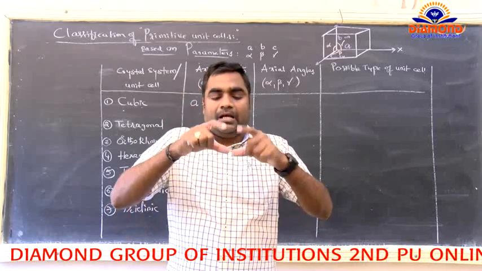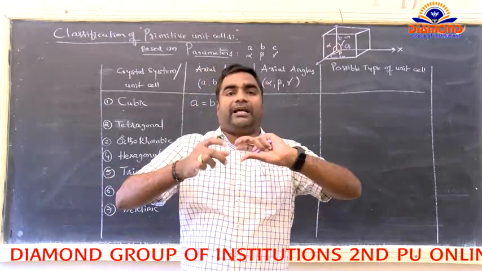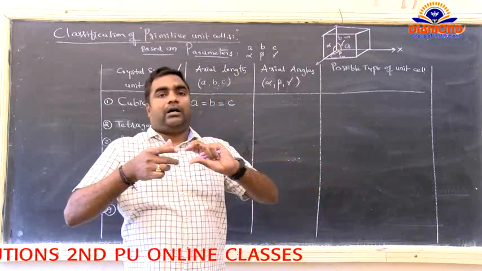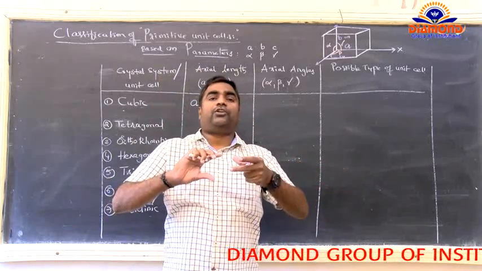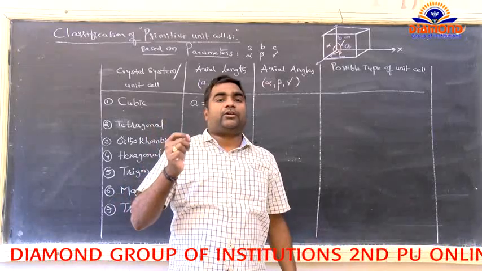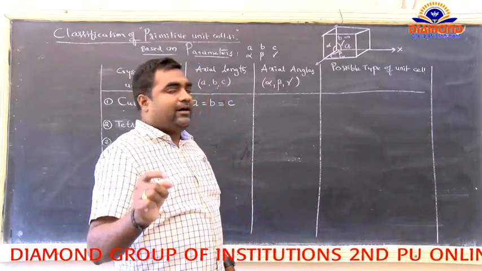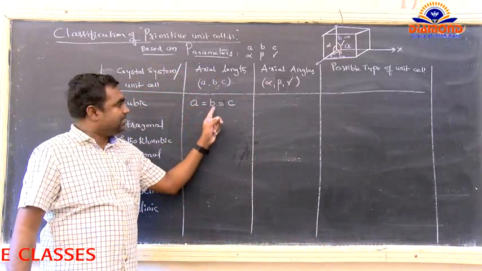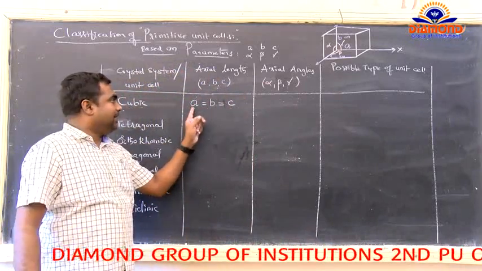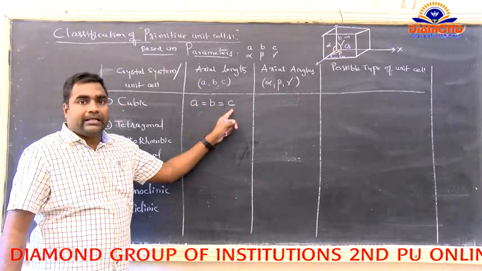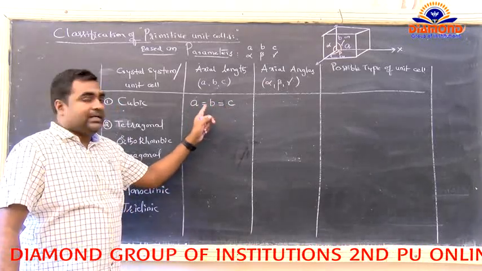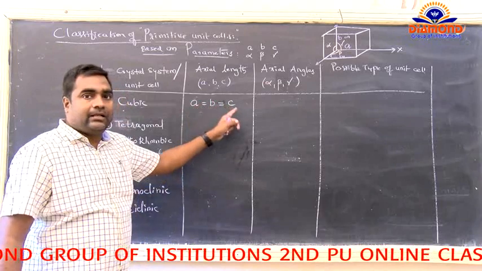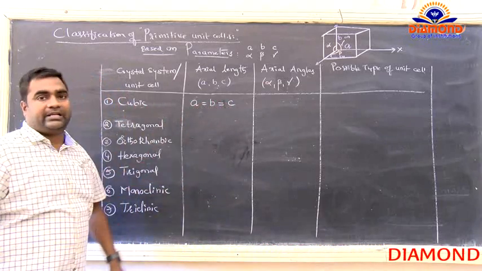If all the three are equal, then that is called the cubic unit cell.